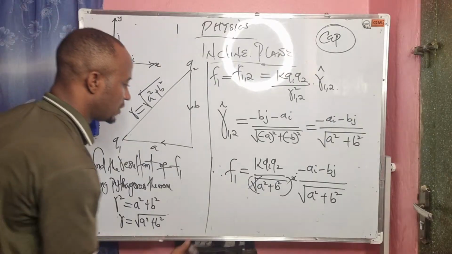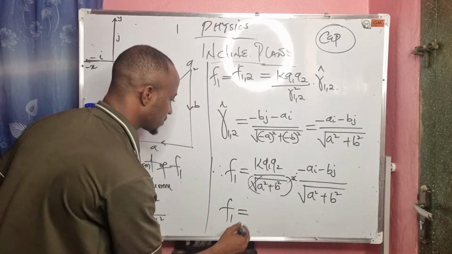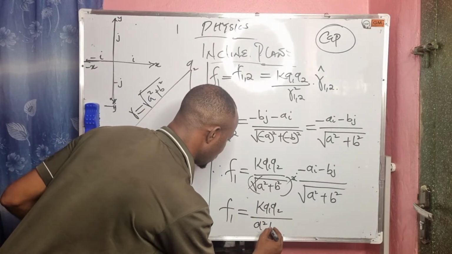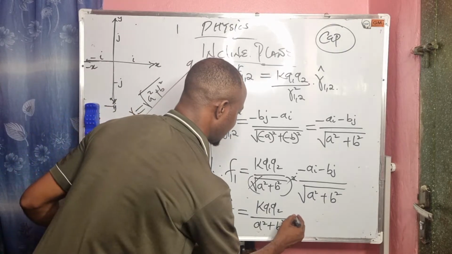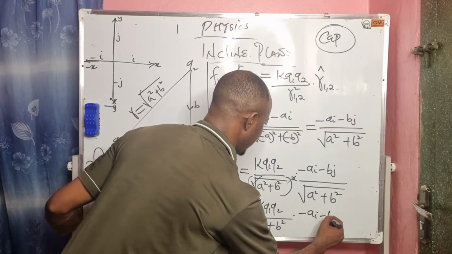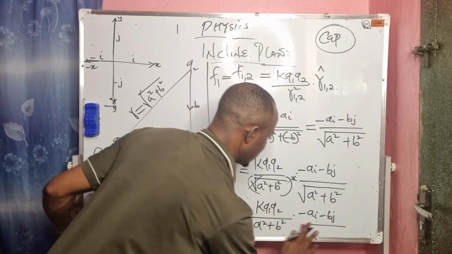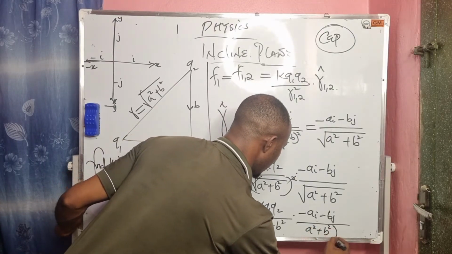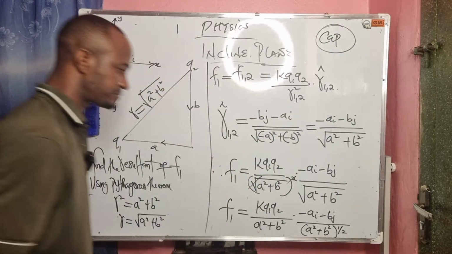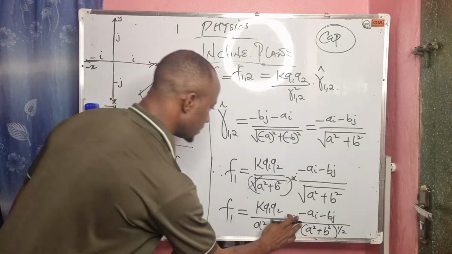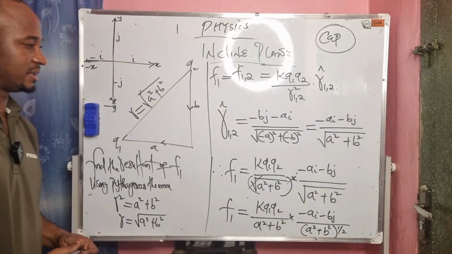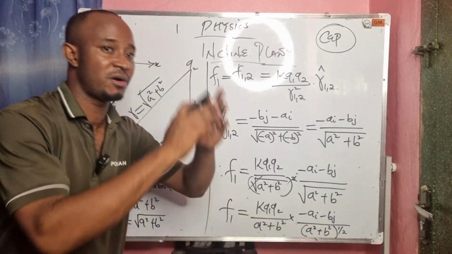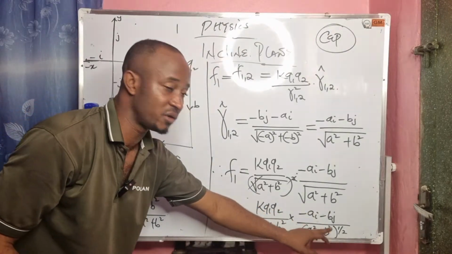If that should occur, this will give us F1 equal to what? k q1 q2 divided by a squared plus b squared, times minus ai minus bj divided by a squared plus b squared all to the power of half. This is times, right? We are multiplying them. The square root of this is the same as a squared plus b squared all to the power of half, meaning the same thing with this power law of indices, right?